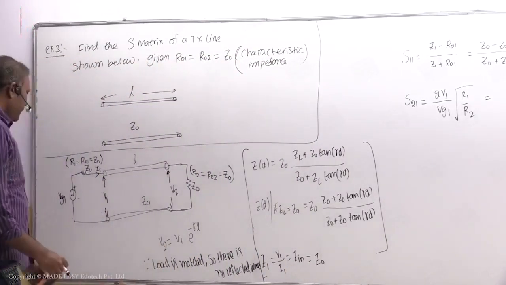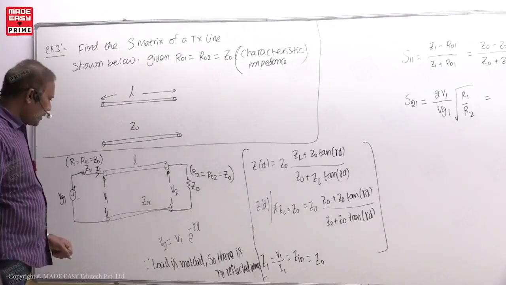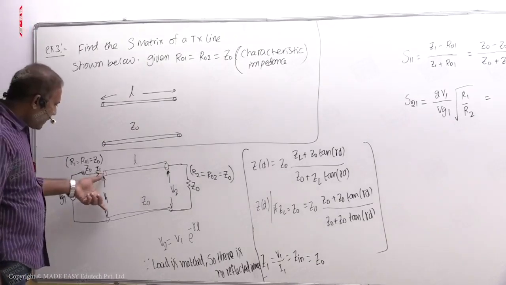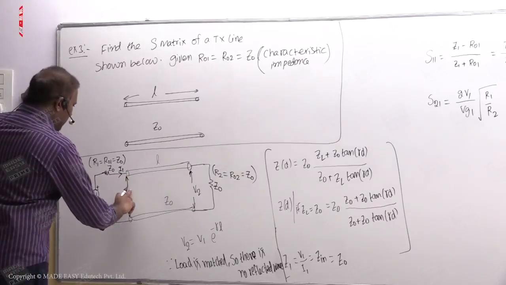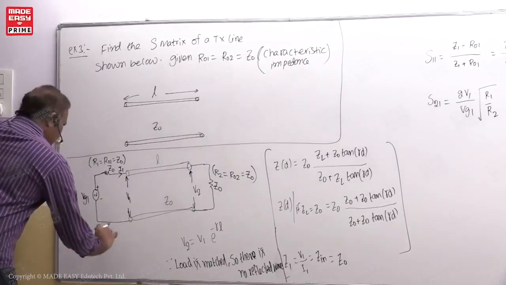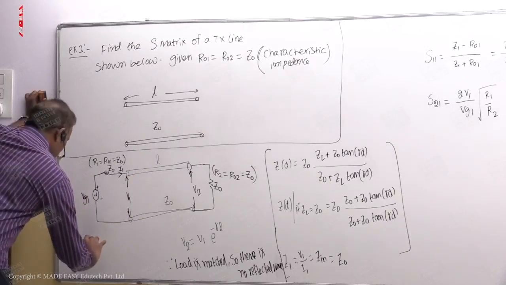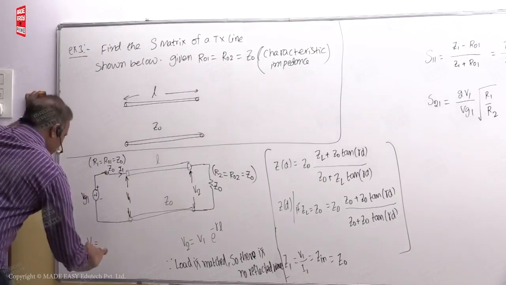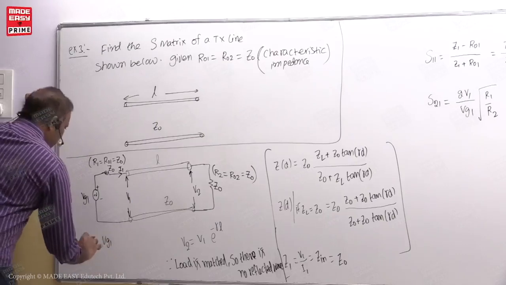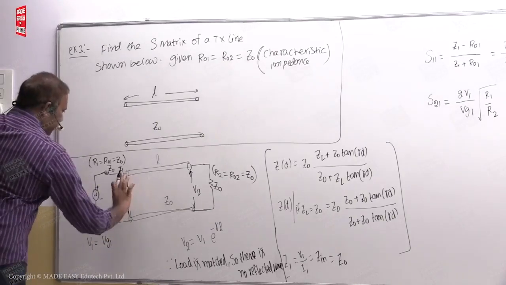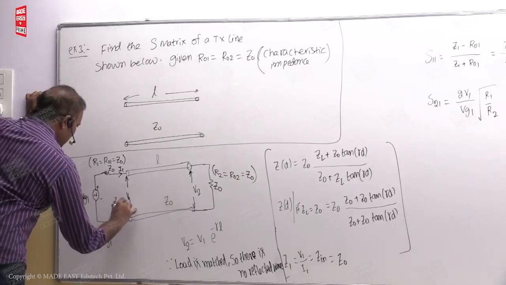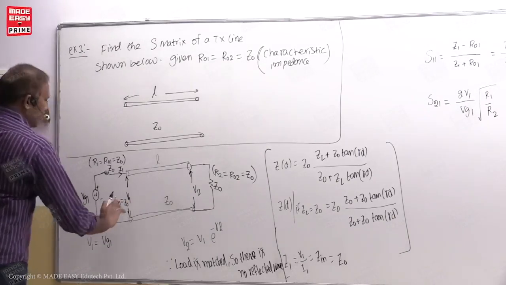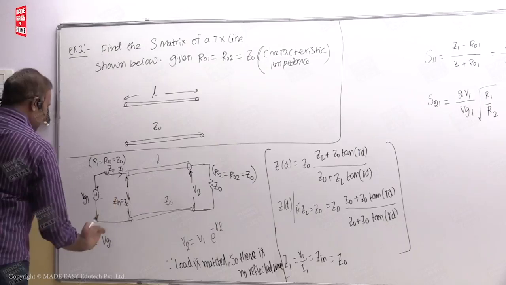If input impedance is Z0, dear students, input impedance is Z0. So V1 is equal to VG1 and impedance here, input impedance I will write here, is equal to Z0. V1 is voltage at the input impedance.